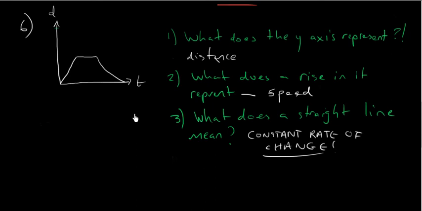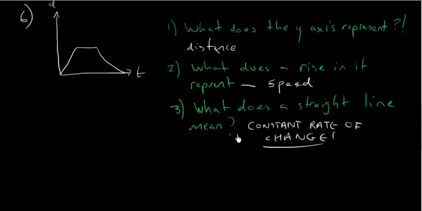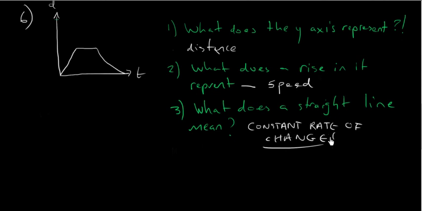So this is not particular to distance and time graphs. The question is, constant rate of change of what? That's what's important here, and the answer is constant rate of change of whatever's on the y-axis. So here, if the y-axis is distance, then that's the constant rate of change of distance.